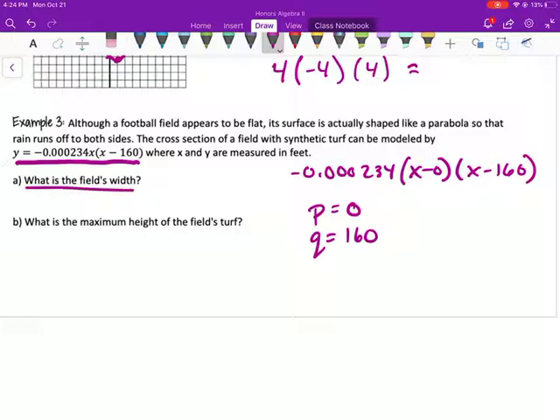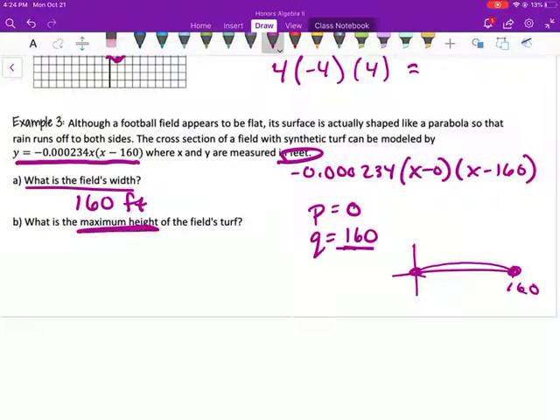Our intercepts are at 0 and 160. Well, it looks like it's 160. Let's see, what units are we using? Feet. So 160 feet apart, because one is here at 0, and then the other one's all the way over here at 160, and it's curving so very slightly. So it's 160 feet apart.